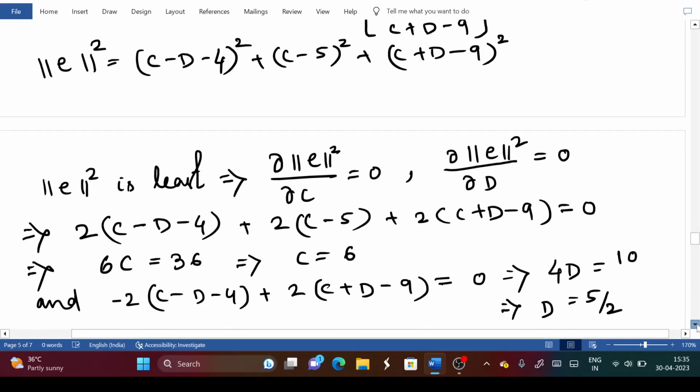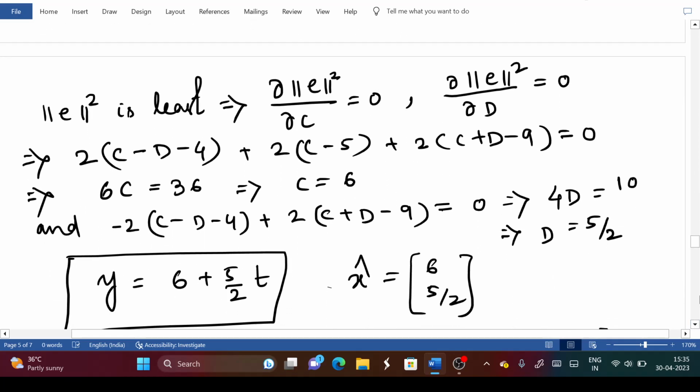We know from calculus that if an extreme value, maximum or minimum, is to be obtained, its first order derivative becomes 0 there. So here the unknown variables are C and D. We will differentiate the square of the length of E partially with respect to C and partially with respect to D. We will equate them to 0 and get two equations, solving which we get one value for C and another value for D. Once I have C and D, I substitute them in the equation y is equal to C plus Dt.